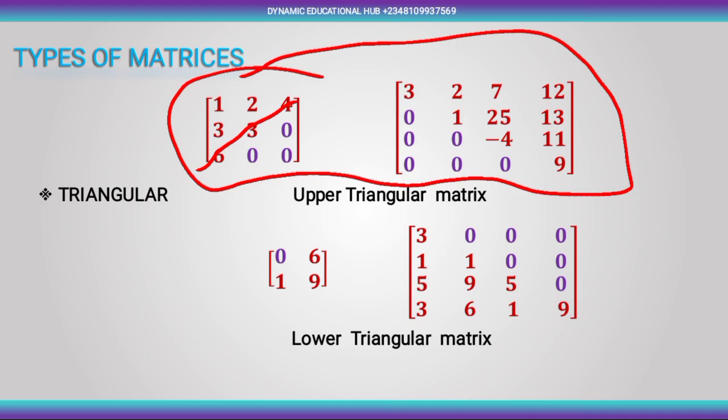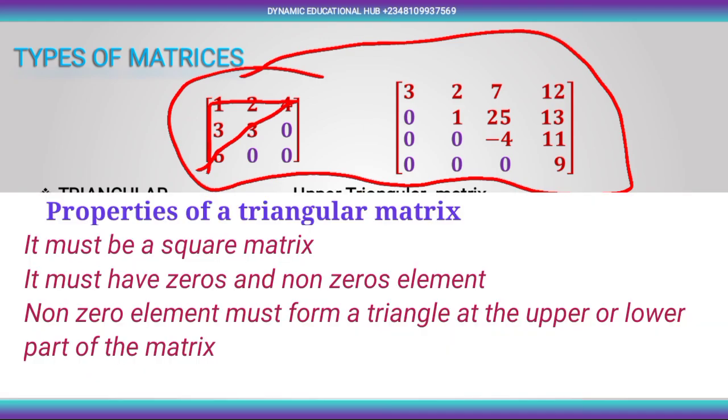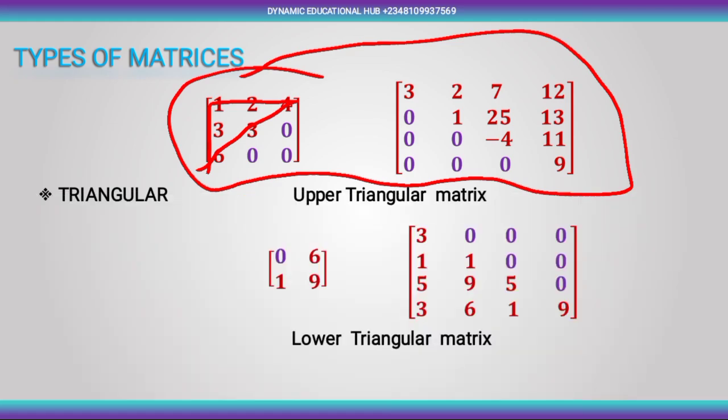And if you draw a line to connect them together, you must always have a triangle. That type of triangle is a triangular matrix. The first condition, it must be a square matrix, and then along one diagonal you must have non-zero elements. And if you look at the non-zero elements along the diagonal, the horizontal and the vertical, if you connect the three together, you get a triangle.